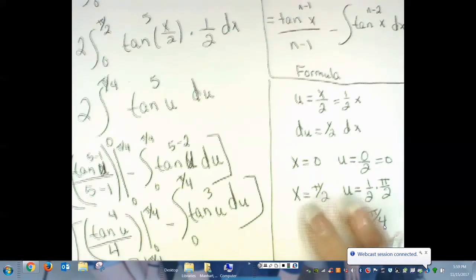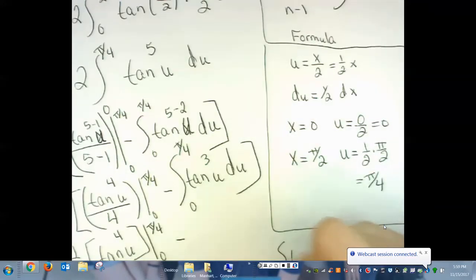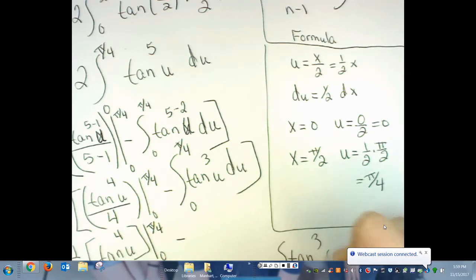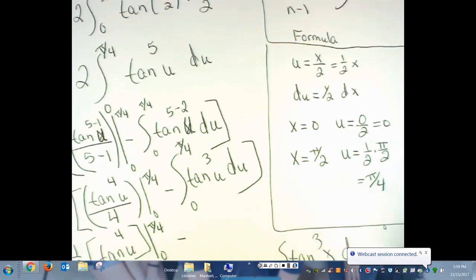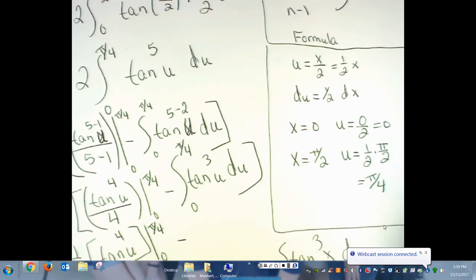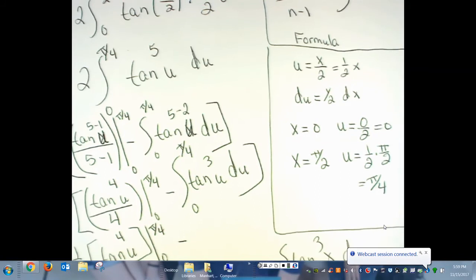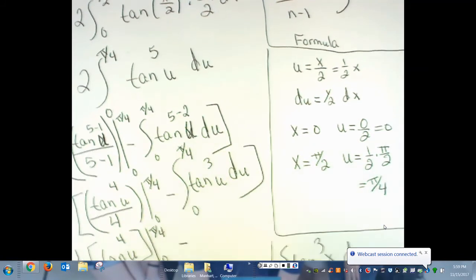So I'm going to write this one down also, but I'm just writing from the formula sheet. I just have to remember not to use x. So that's the formula.